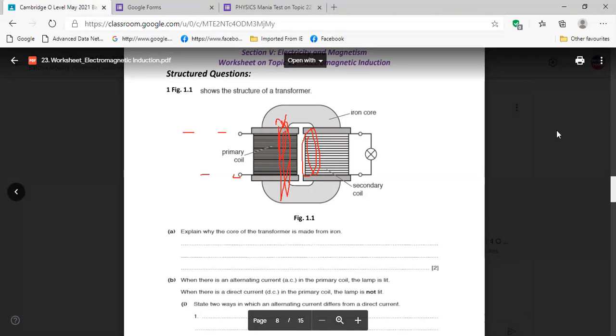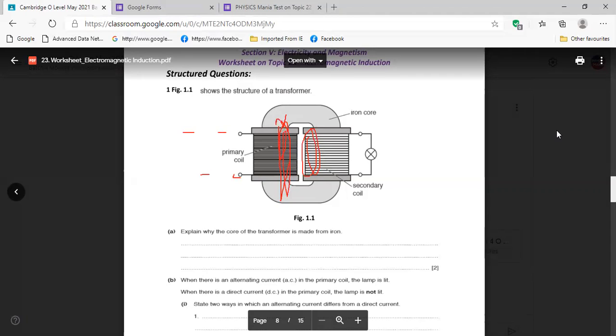So then we will say in B2, what do we say? If there is an alternating current, the moving of the poles means if the poles are moving, then the magnetic field as well.